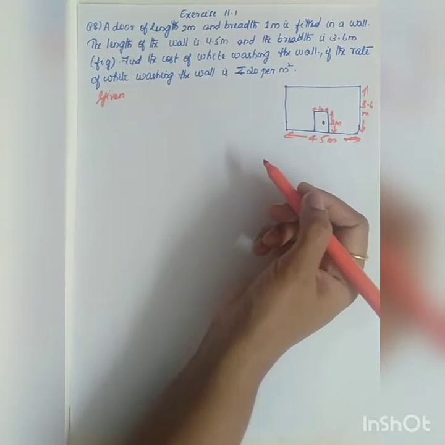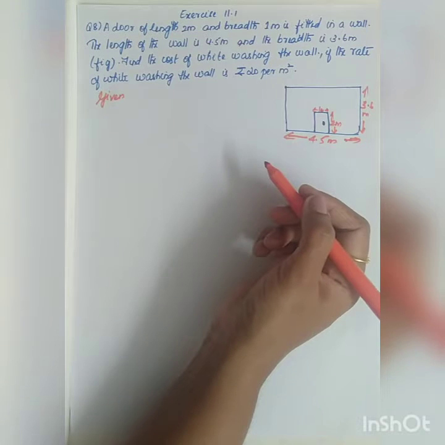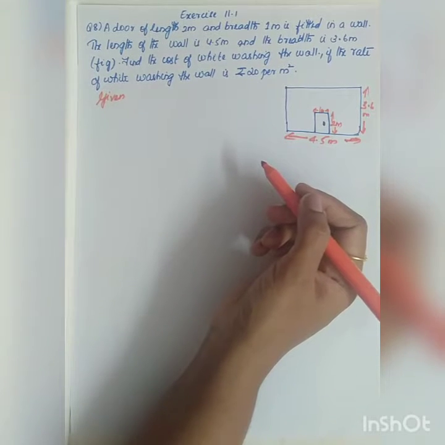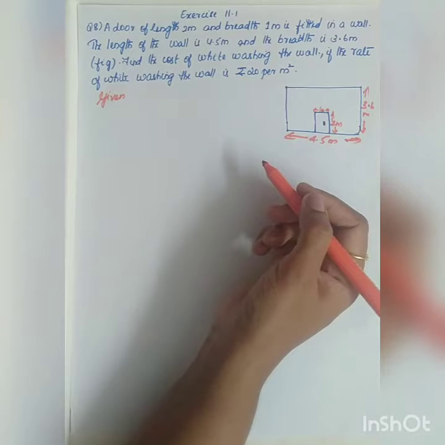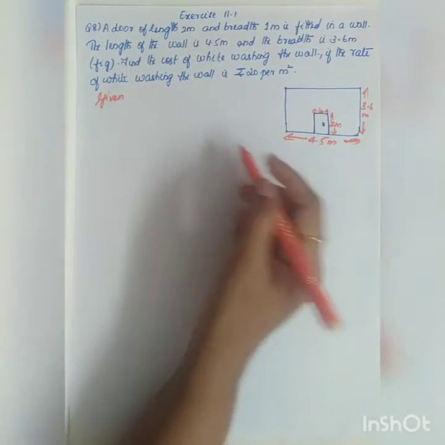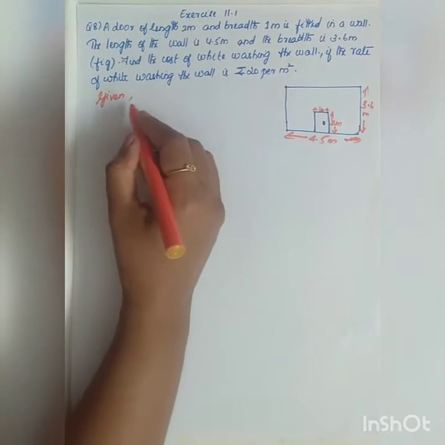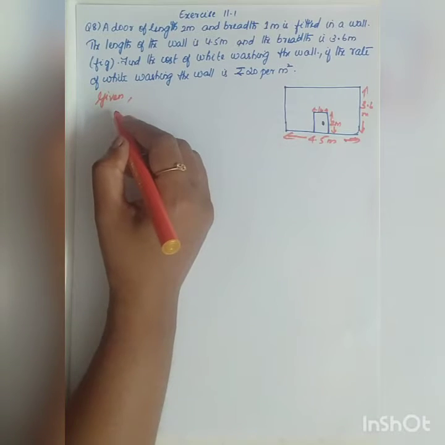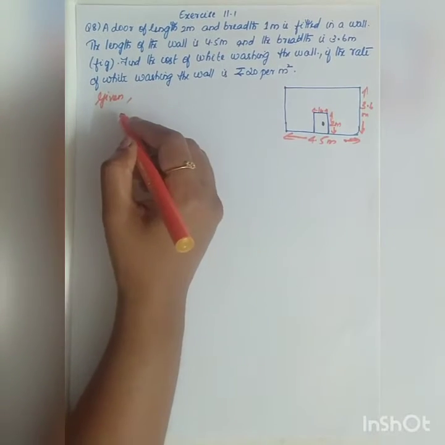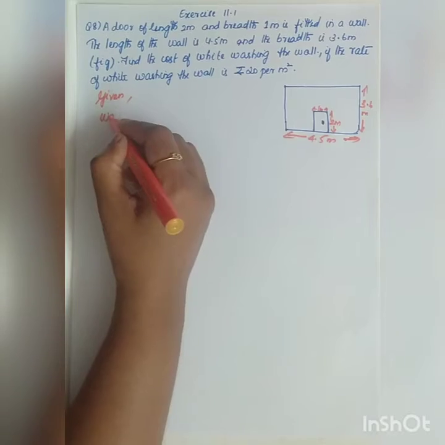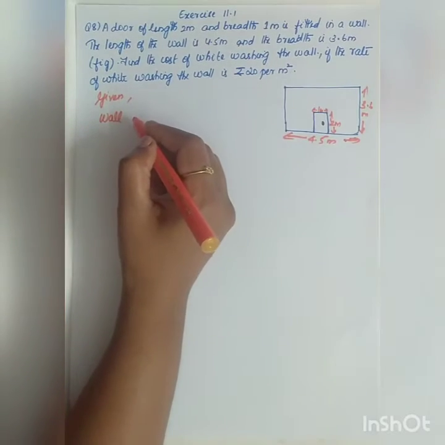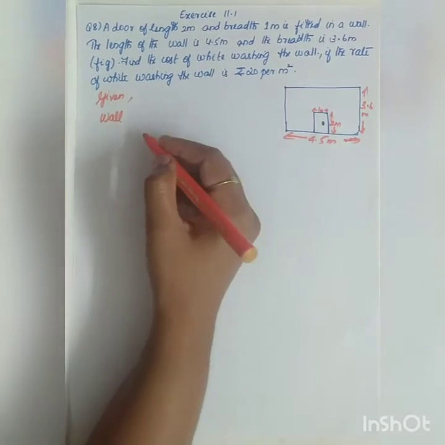Now what you have to find out: the cost of whitewashing the wall if the rate of whitewashing the wall is rupees 20 per meter square. So let us write the given parameters. First let us consider the wall.